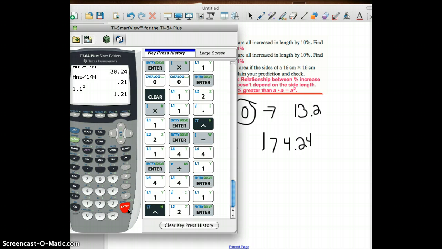It's 1.21, which means you had the original size of 100%, and then you increased it by 10%, which actually, when you're compounding it with multiplying both sides, gives you the extra 21% increase in your area.